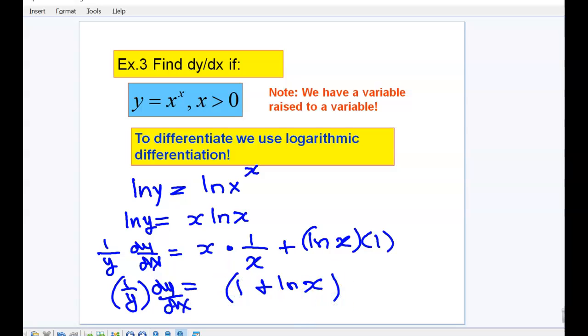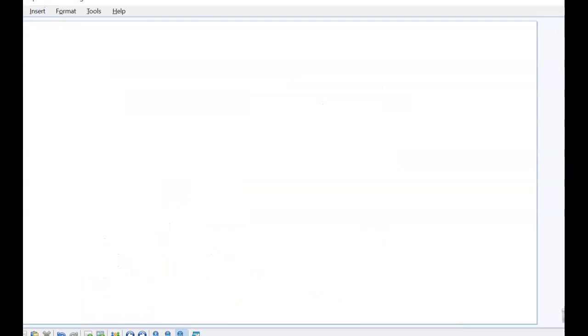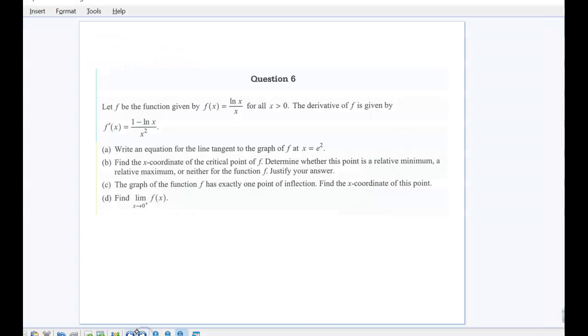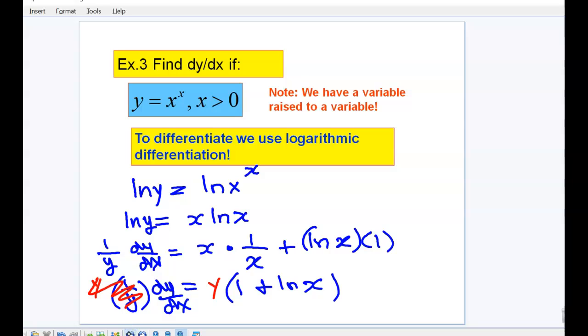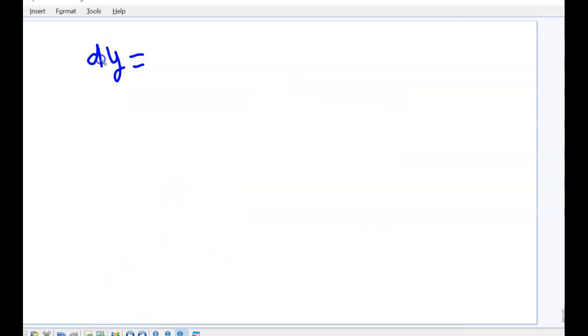And now to get rid of the 1 over y, I'm going to multiply both sides by y, so this disappears, and I'll be left with dy/dx equals y times 1 plus ln x.